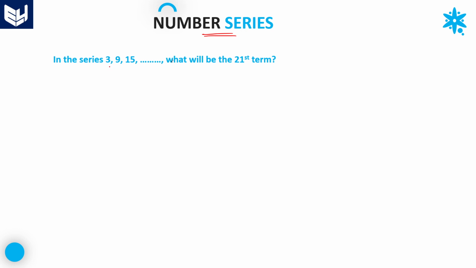If you see this question carefully, in this series 3, 9, 15 and so on, what will be the 21st term? He is not giving all the numbers and he is asking about the 21st term. Here the first term is 3, next one is 9, next one is 15.